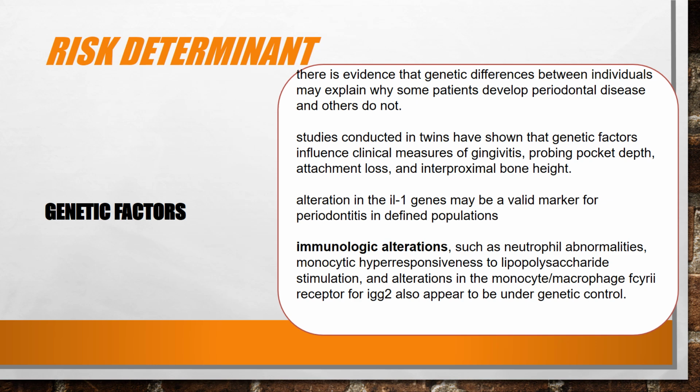Mainly, immunological alterations such as neutrophil abnormalities, monocytic hyperresponsiveness to lipopolysaccharide, and alterations in the monocyte or macrophage Fc receptor for IgG2 also appear to be under genetic control. So these are the alterations that can usually happen due to genetic factors.